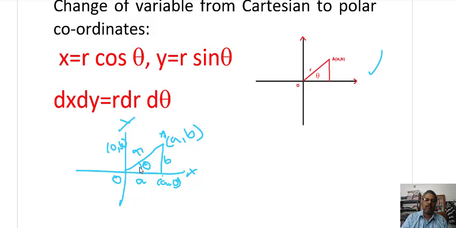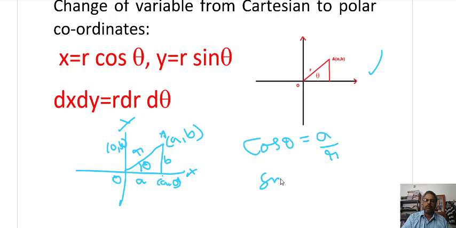Now if you change into polar coordinates, what is cos theta? Cos theta equals a by r.